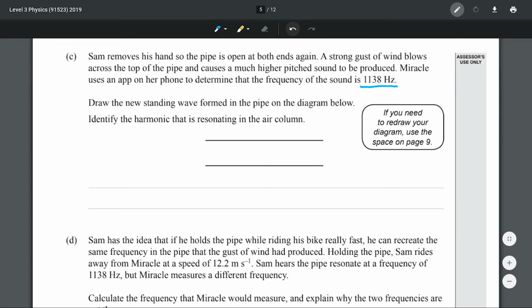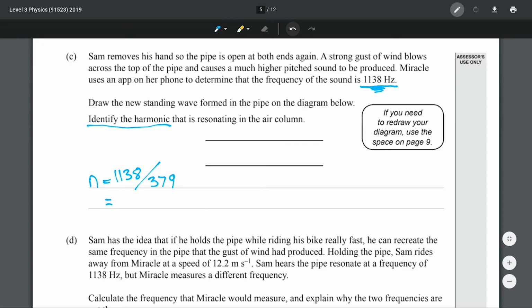Well, to do this, we first need to identify the harmonic, which involves finding what multiple of the fundamental frequency 1138 Hz is. And so our n, which is the number of our harmonic, is going to be the frequency that we have heard, divided by our fundamental frequency, which we determined in part A to be 379.